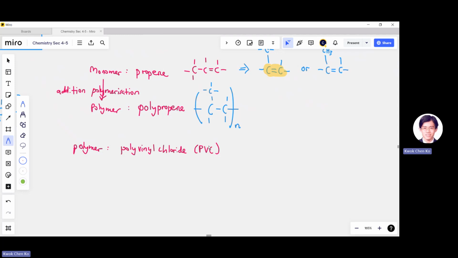It can become chlorinated compounds which are highly toxic. So this is the polymer. What do you think the name of the monomer is? No brainer. Just vinyl chloride. Okay. So of course it undergoes addition polymerization.